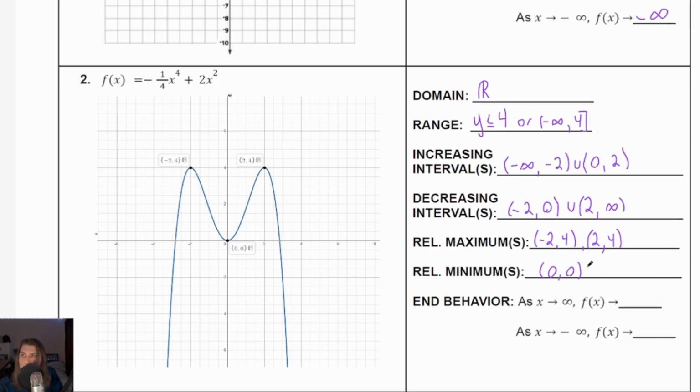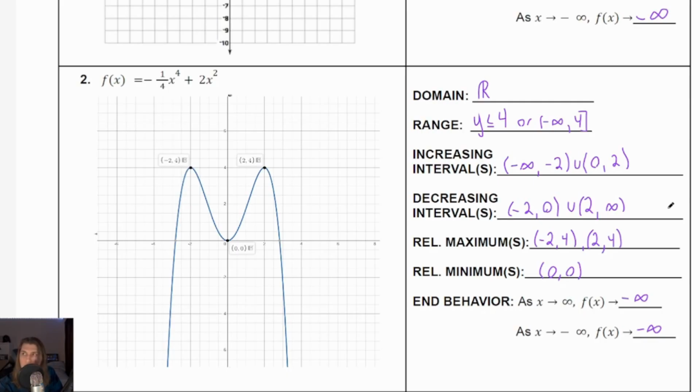And then for our end behavior, we can see that as x goes to infinity, so as x moves to the right, y is going to negative infinity, because f of x is really just y. And as x goes to the left, or negative infinity, f of x also goes to negative infinity. So both sides are moving downwards.